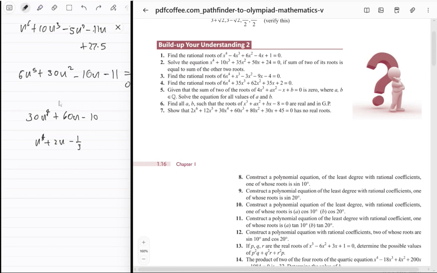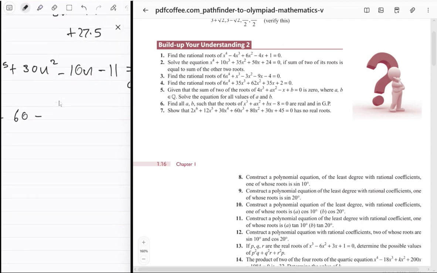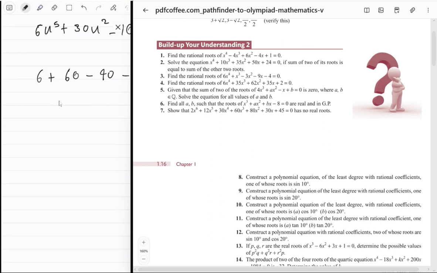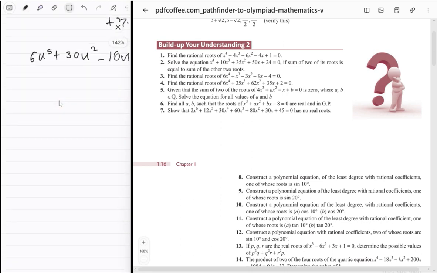What if we try 1/2? Let's try 1/2. So you're going to have 6 plus 30 times 2, and that's like 60, and then minus this times 4 minus 40 minus 88. Doesn't work out. Okay, what about 1/3? No, it will be like 6 plus 30 times 3. You get the idea, right? Oh wait, it's not that, it's u to the power, okay, what I did was not correct.